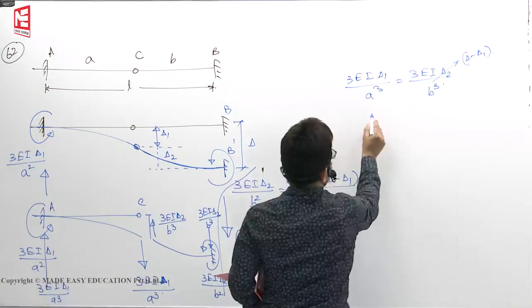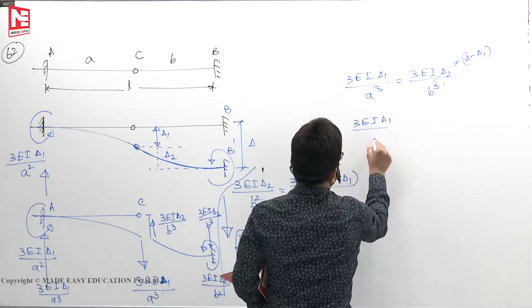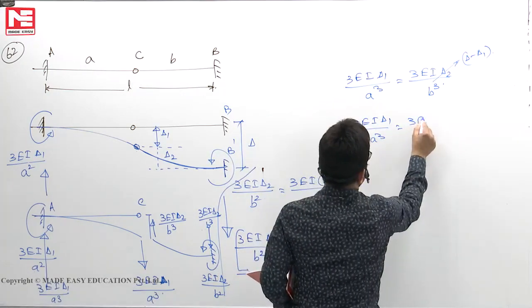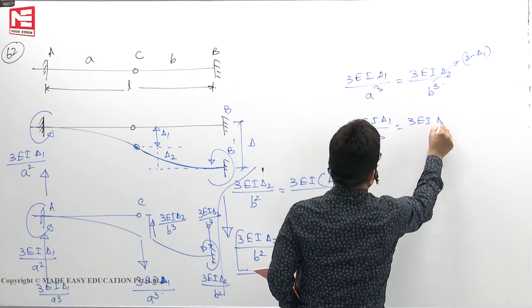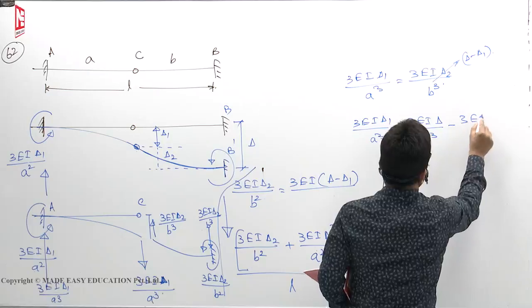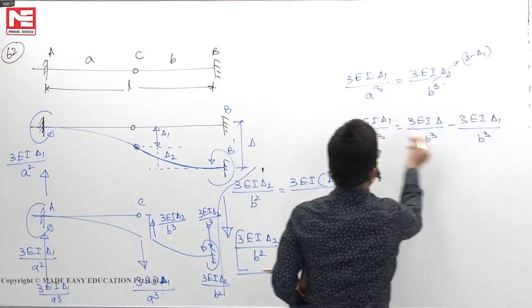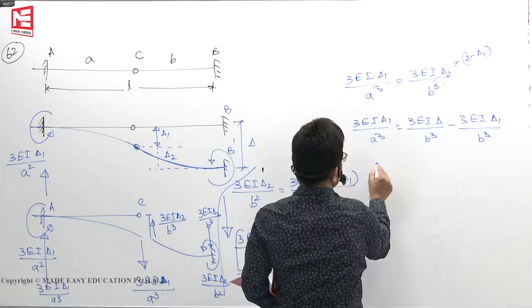So we can now write this as 3EIδ1 by A cube is equal to 3EIδ by B cube minus 3EIδ1 by B cube. Push δ1 to this side.